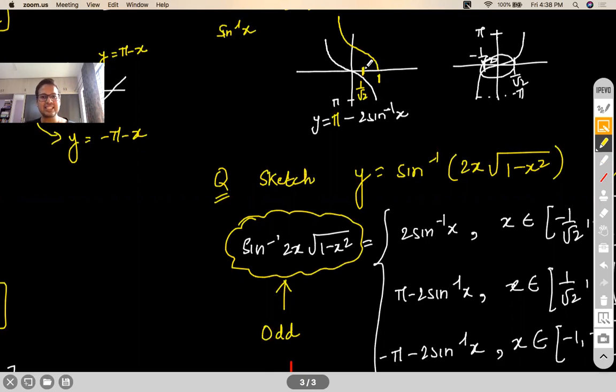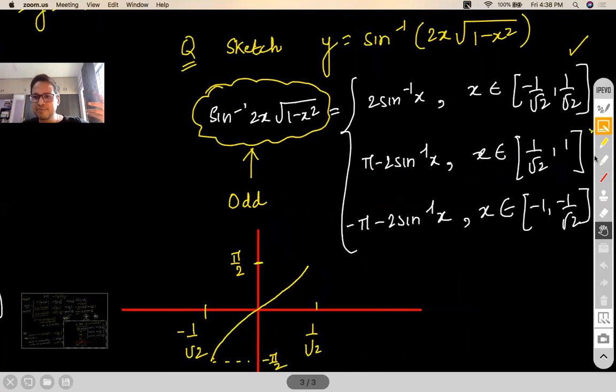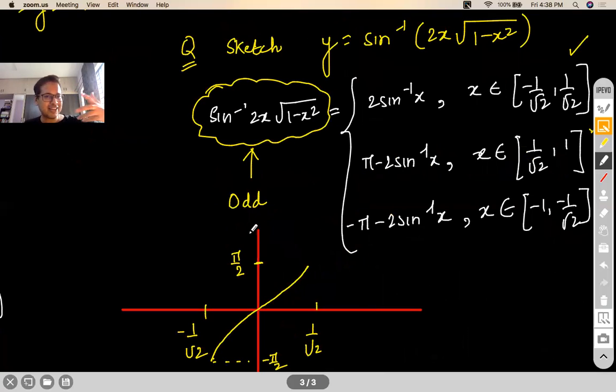I need to take a scissor and cut this part of the graph, pick it up just the way Lord Hanuman picked up Kailash Parvat, and dump it over here, like this.